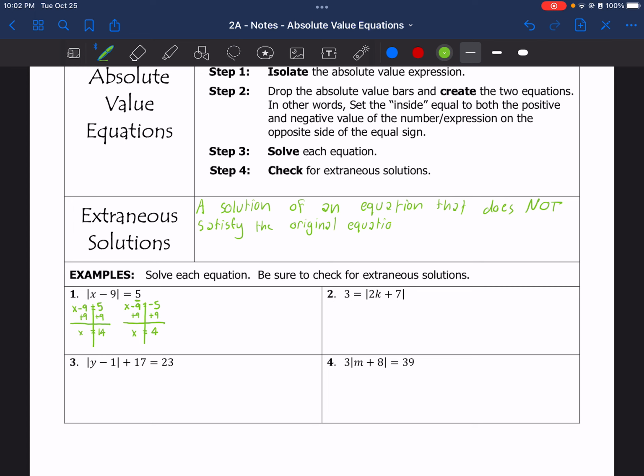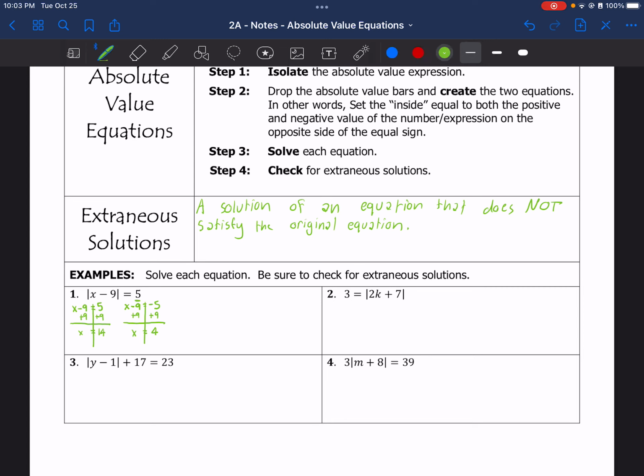So if you solve an equation and you get a solution of x equals a number, and this number plugged back into our original equation does not give the same number on both sides of the equal sign, we say that that's an extraneous solution.